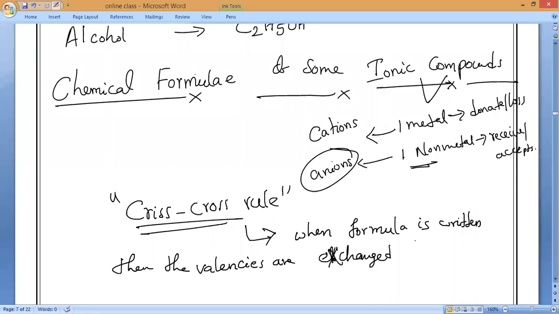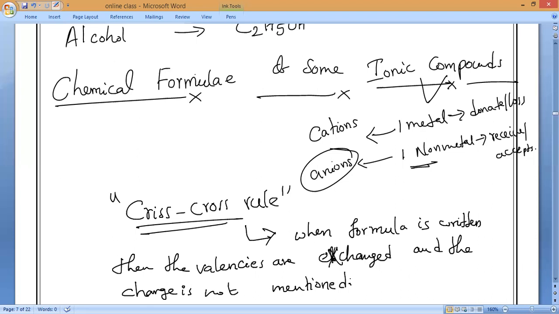Write neatly. Exchanged. Mr. Johan, I will check the class work. And the charge is not mentioned. What do you mean by charge is not mentioned? Anyone, please? It means a positive or negative sign, no need to represent.